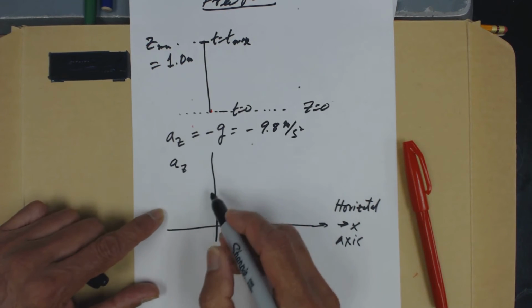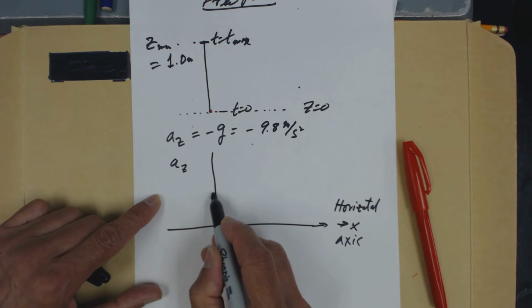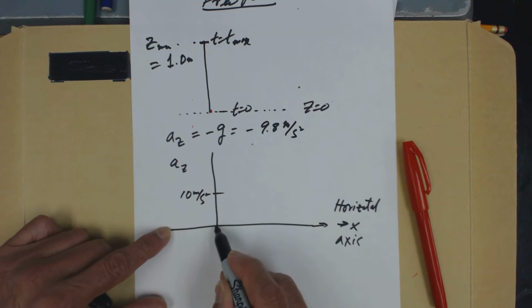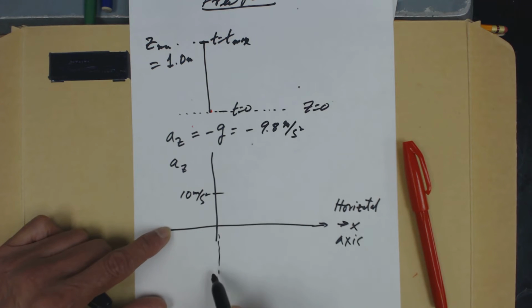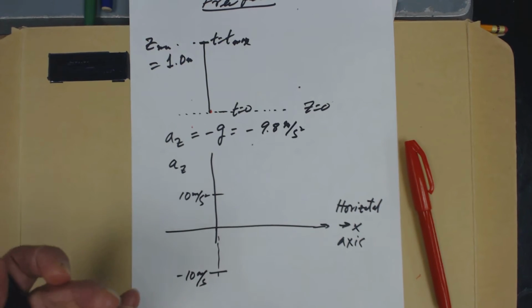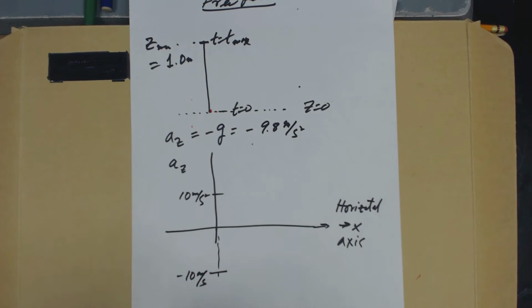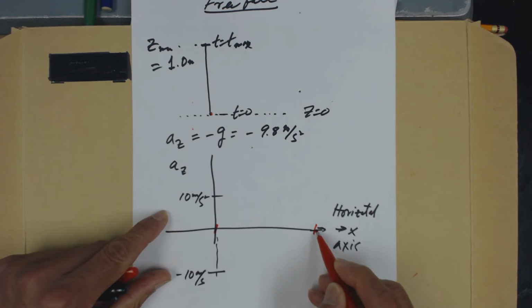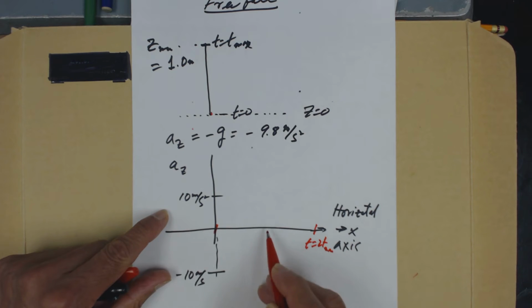If this is plus 10 meter per second square, the actual value is minus 10 meter per second square. So exactly right here is minus 10 meter per second square. Time starts at t equal to 0, ends at t equal to 2 t max, and right here is t max.